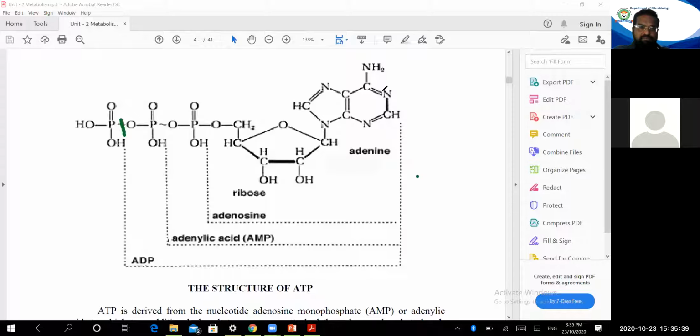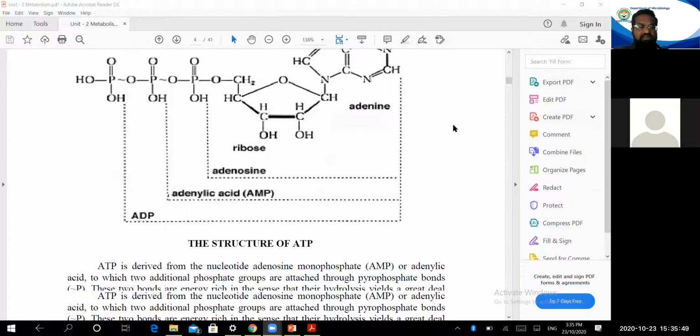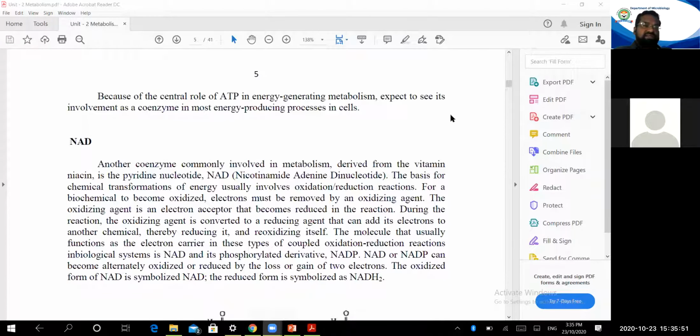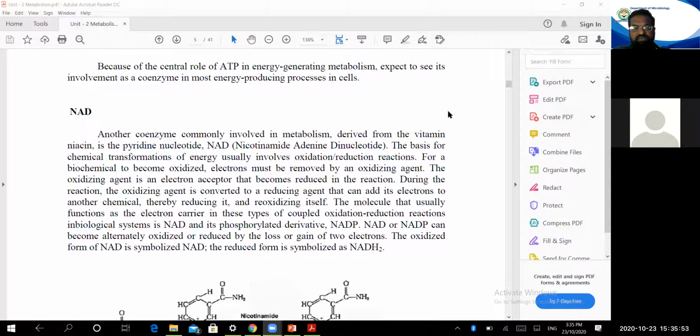Now, apart from the reactions or the inner concept of energy, there are various other concepts. Like we have said that most of the reactions are redox reactions. That means the substrate gets oxidized, electrons are removed from the substrate, and they are taken by some other molecule.